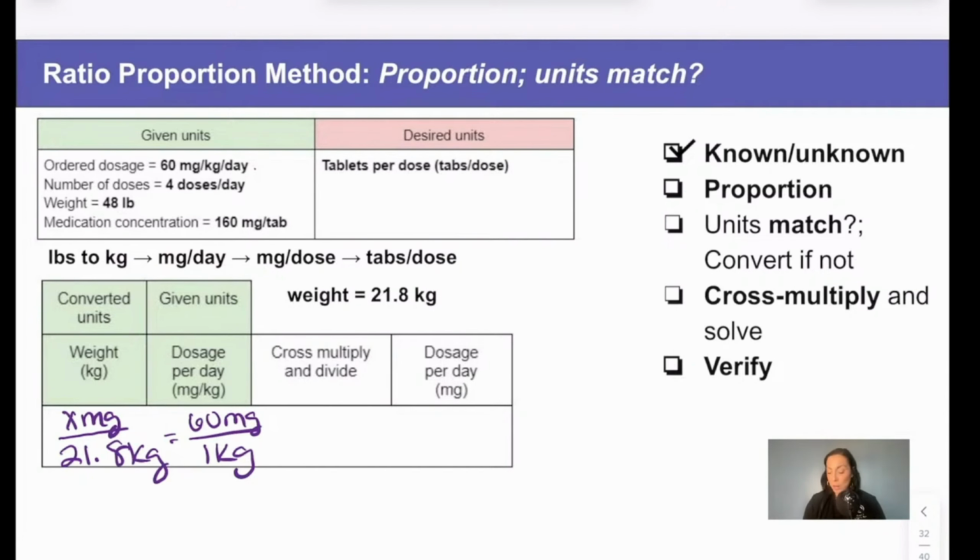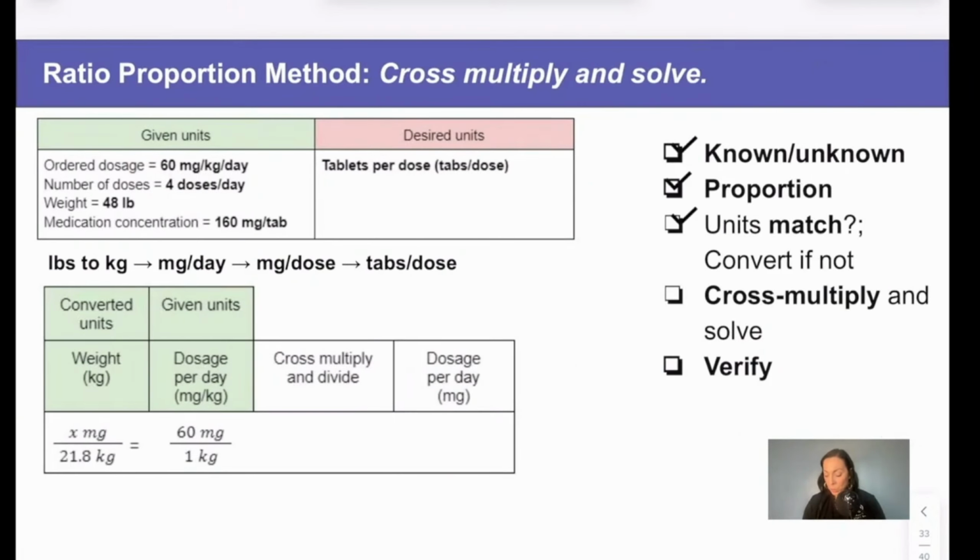Now we can cross multiply. You're going to take your 60 times 21.8, and you can let me know what you get. 1x. So what's 60 times 21.8? We should get 1x equals 1308. And then of course just divide by 1 to get x alone. So x equals 1308, and this is our milligrams per day.